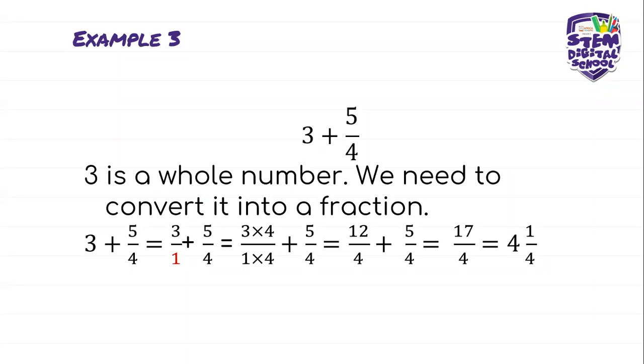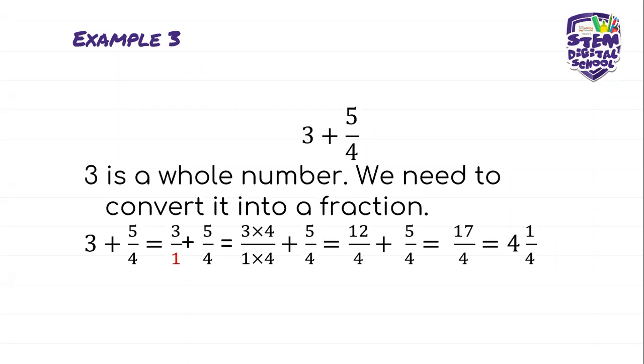Lastly, the 17 over 4 is your fraction, which is improper. So we just have to now divide. 4 goes into 17 four times, because it gets into 16, and the remainder is 1. So that will be 4 and then 1 over 4.